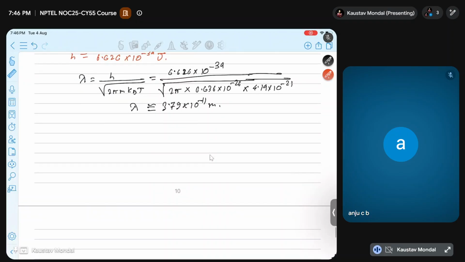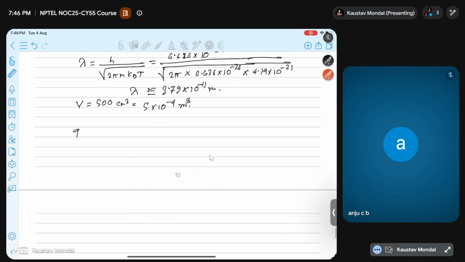Now the next things are very easy. V we know is 500 centimeter cube, so you have to convert it into meters. It will become 5 into 10 to the power minus 4 meter cube. Now from here, Q is basically V by lambda cube.